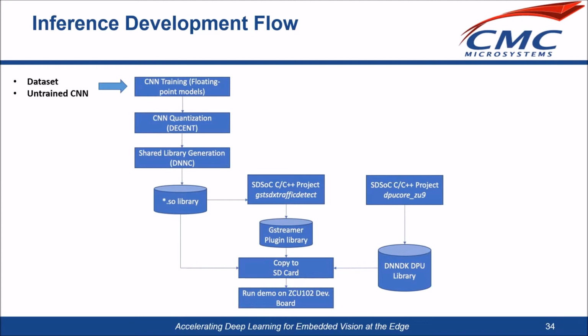The DPU core project will generate a boot image for the FPGA. The GStreamer plugin project will generate a shared library .so file. Both of these files will then be copied to an SD card, which can be plugged into the ZCU102 board. The board will boot from the SD card and then run the GStreamer pipeline from the command line.